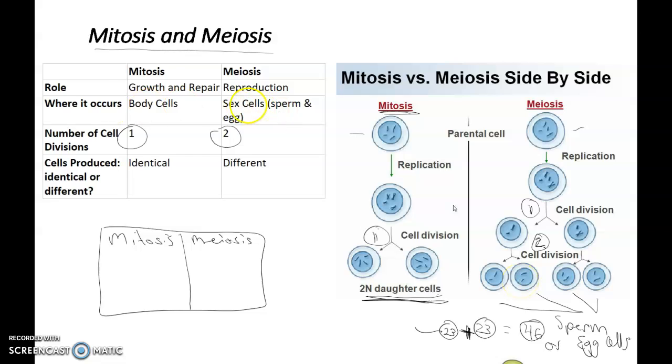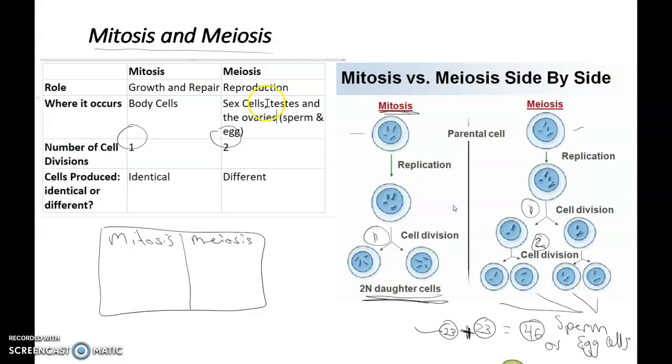Now, it's occurring in the sex cells, so it's making sperm and egg, but the location of this is in the testes and the ovaries. So that's where those cells are coming from.